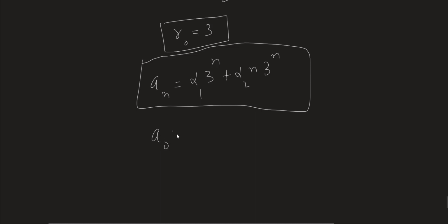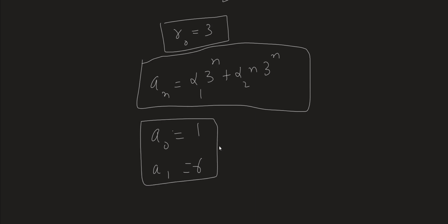A0 is given to us and its value is equal to 1 in the initial condition, and A1 is equal to 6. So both of them will be helpful in obtaining alpha 1 and alpha 2. First let's try to find alpha 1 using this equation.